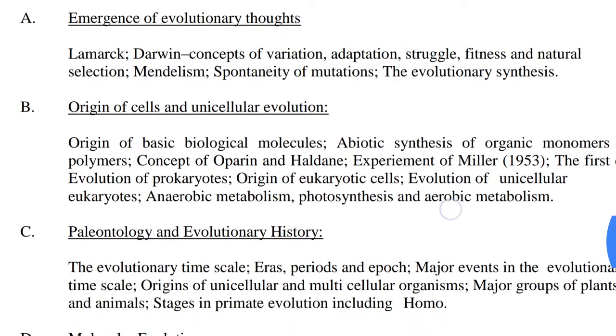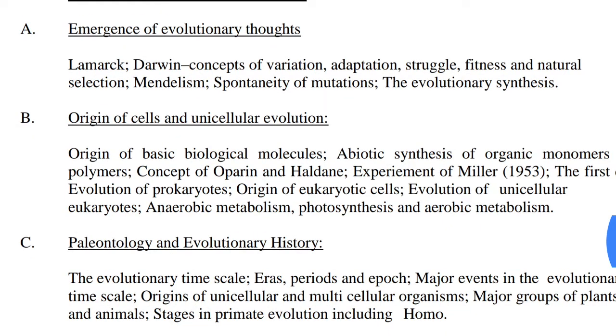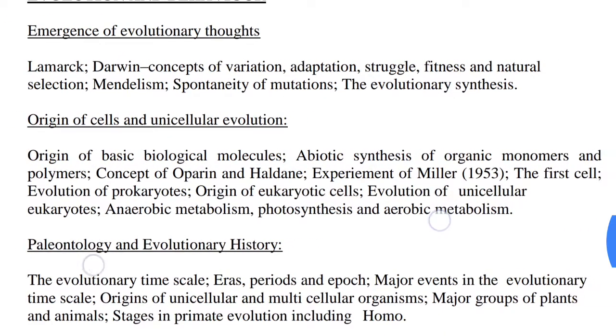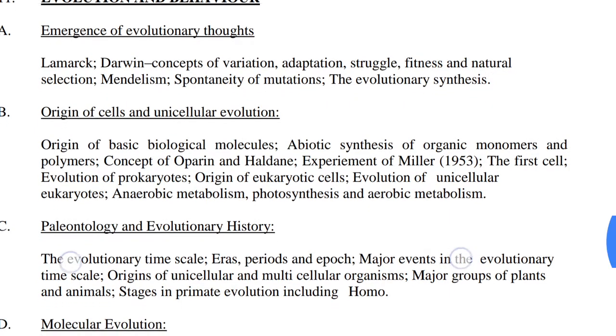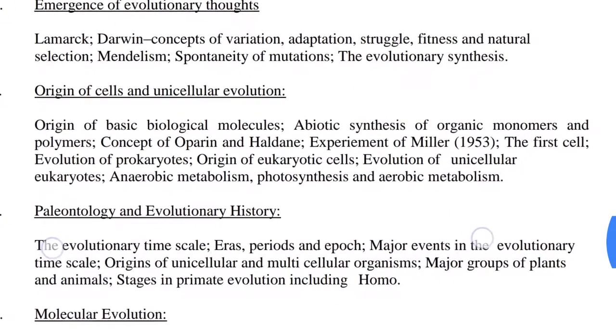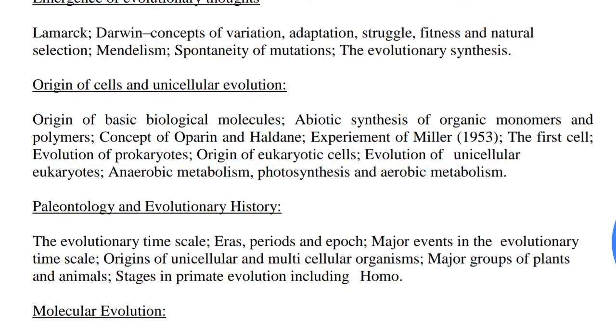Okay, and the second section is section B, where we have to read about origin of cells and evolution of unicellular life. These you can also find in very basic books. It has origin of basic biological molecules, abiotic synthesis of organic monomers and polymers, concepts of Oparin and Haldane.